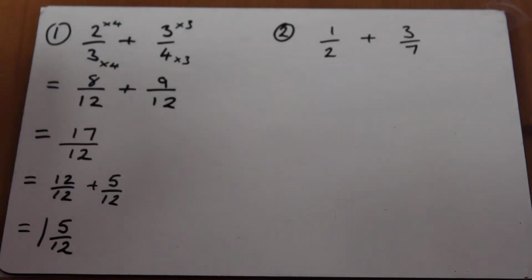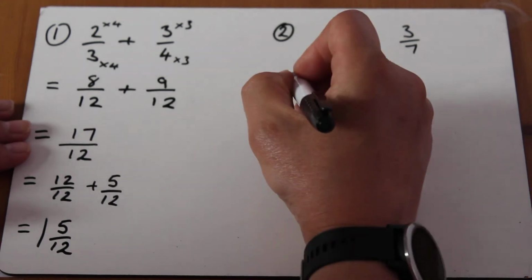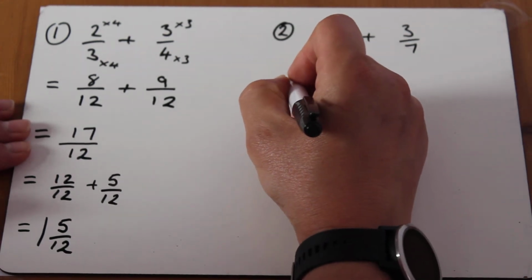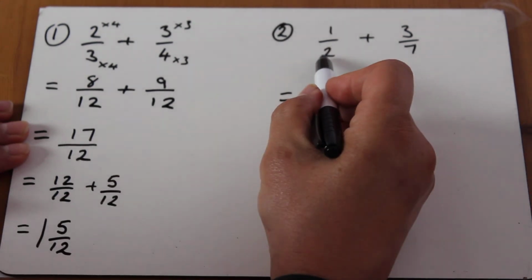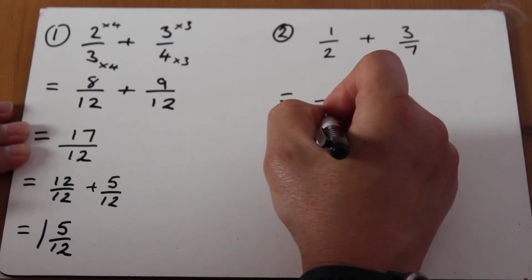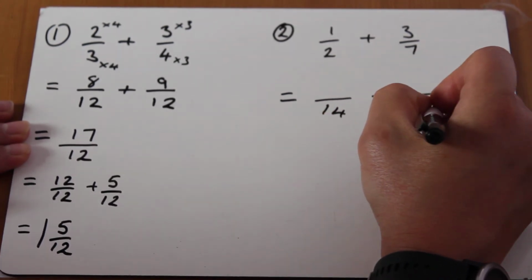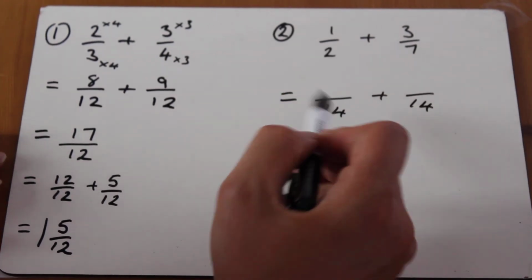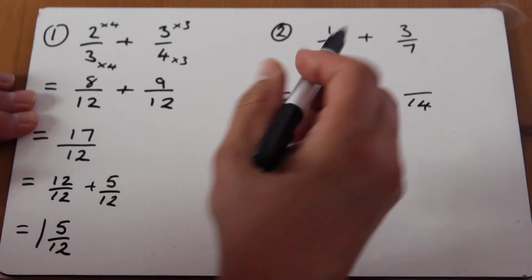Okay, you can always rewind the recording and listen to that again. Right, when we move on to this one, it's exactly the same idea. I need to find a number that 2 and 7 both divide into. I know that is 14. So that means I'm changing both of these into 14ths. So what do I multiply 2 by to get 14?